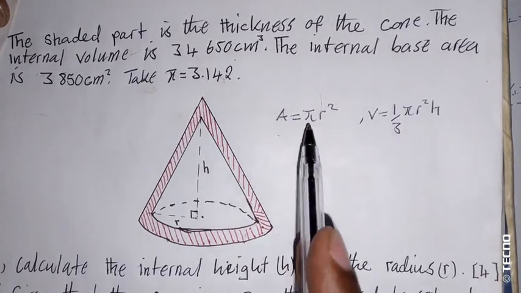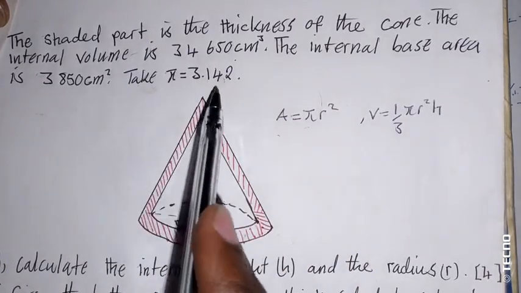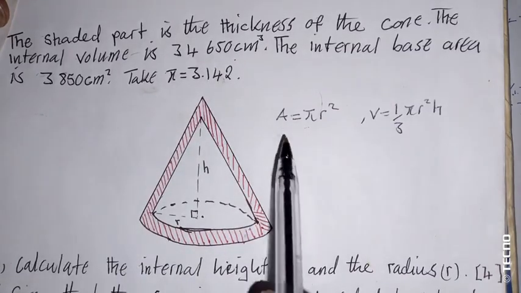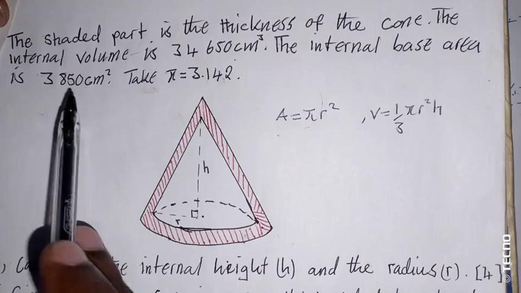First, we have been given pi and the base area. So where there is A, we replace it with this value.